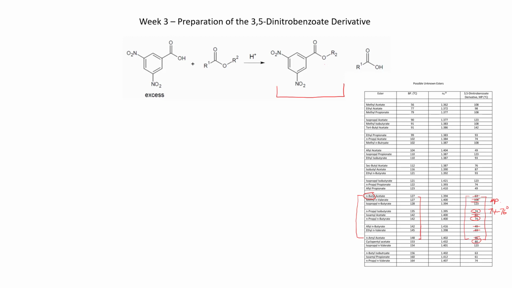That's where these melting points are coming from. So it's another piece of physical evidence to help us narrow down the potential list of unknowns. This would have precipitated from solution, and we would have measured its melting point, and then seen which derivatives had melting points close to that to help narrow down our initial list of molecules.